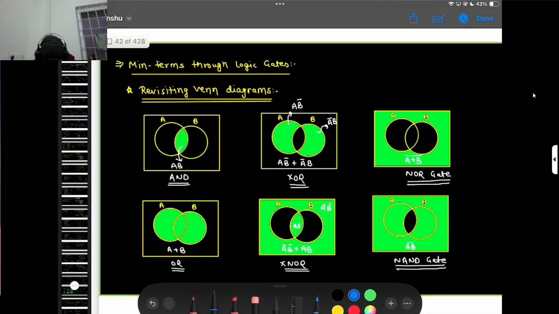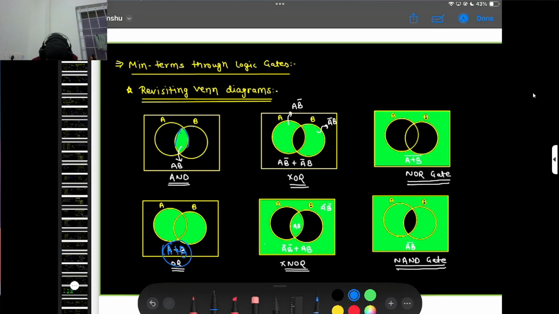And the min terms through logic gates. So this is AB, this is also AB. Both are common in this situation. A is common and B is common. So A and B. Here either A, either B, or both also give you one.